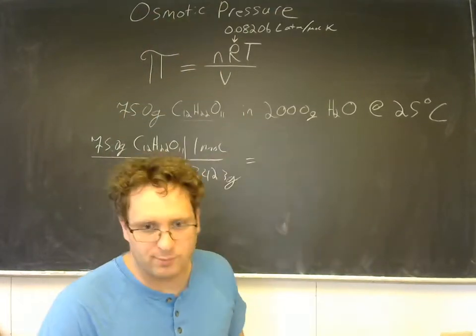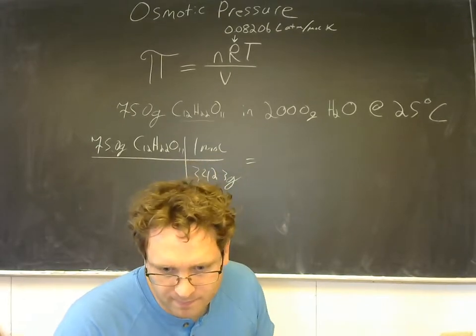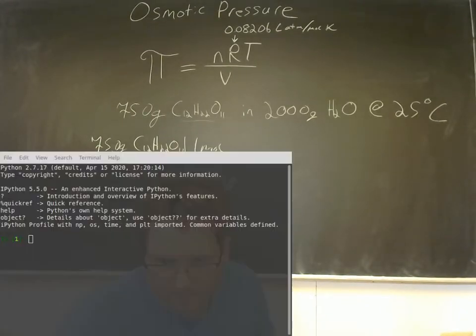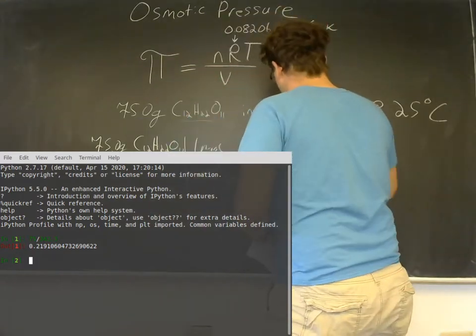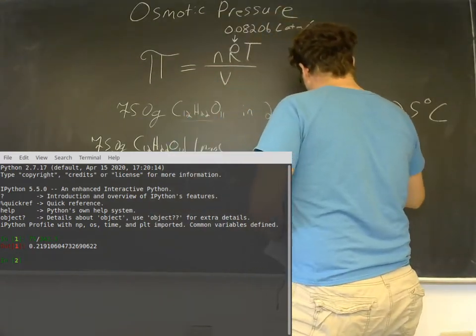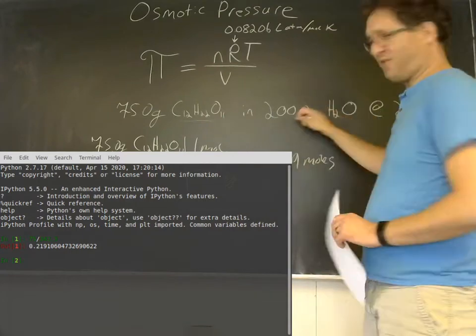So now we'll pull up my calculator. And we have 75 divided by 342.3. That's going to be 0.219 moles. And then 200 grams of water.